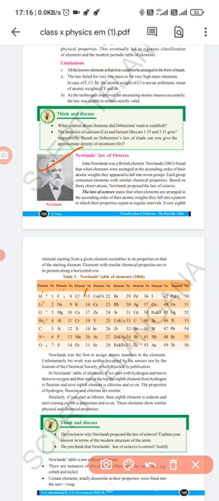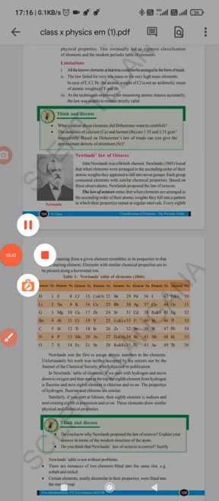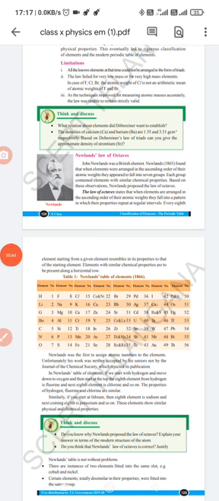So hydrogen, fluorine, chlorine, all the elements present in the first row have similar properties. So he gave the name Newlands' law of octaves. I hope you understand what I have explained in this table 1.